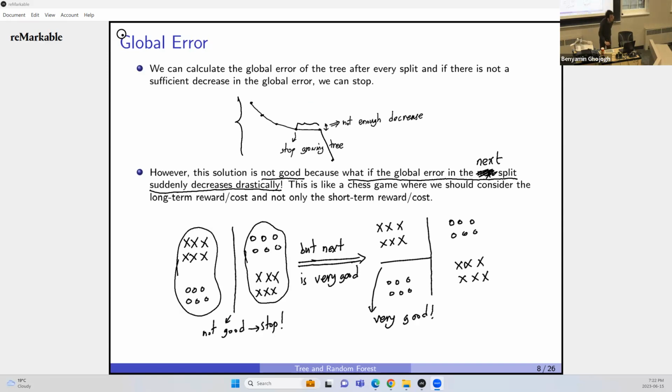However, this becomes good in the next split. The next split separates these two completely, and this needed the help of the previous split. Therefore, this is not a wise decision. We need to take into account long-term rewards.